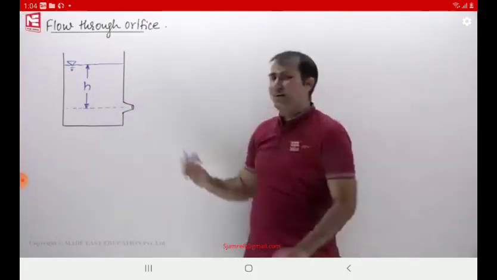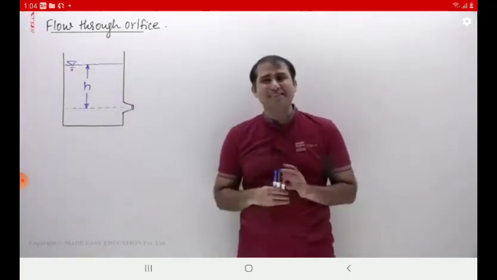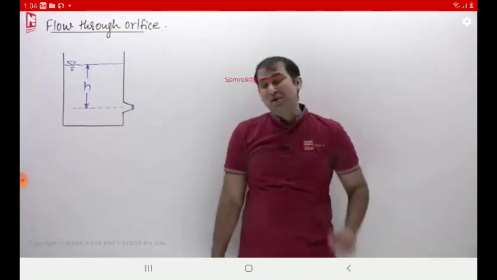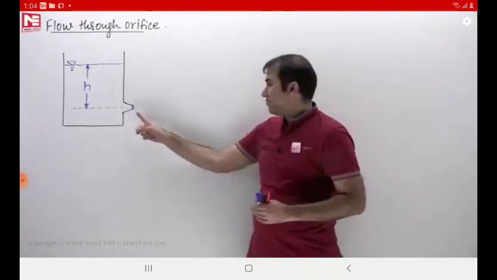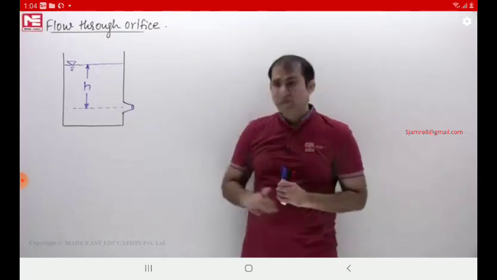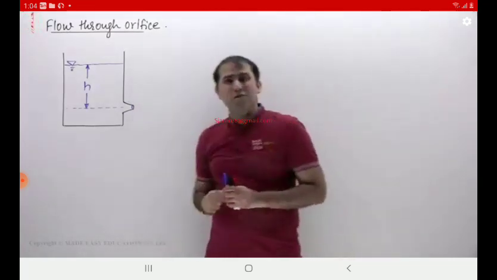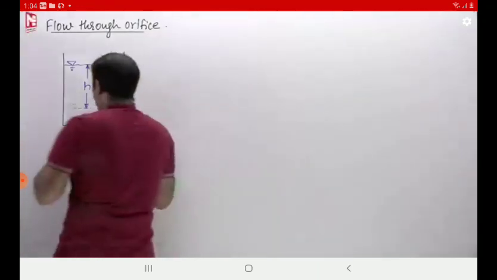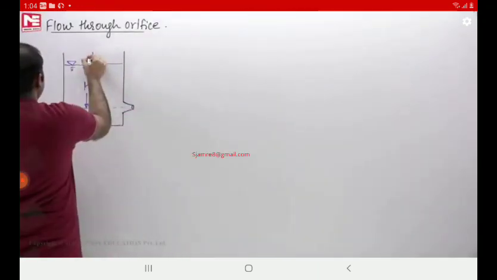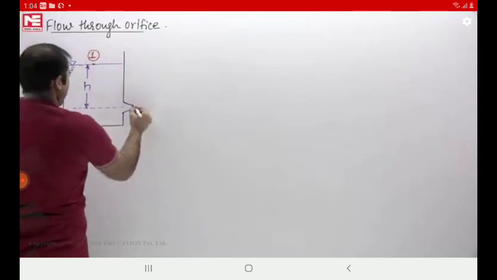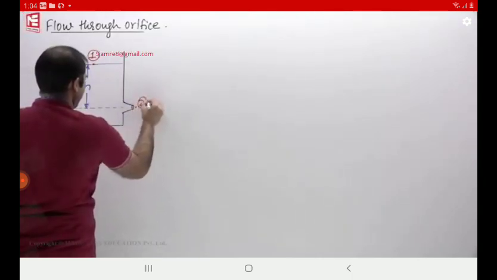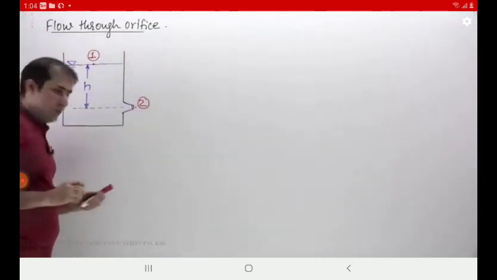Now you tell me what is going on here. Point should be clear. Vena contracta formation is there. This is vena contracta. So I am going to take 2 points here. One point I am going to take here, another point here.